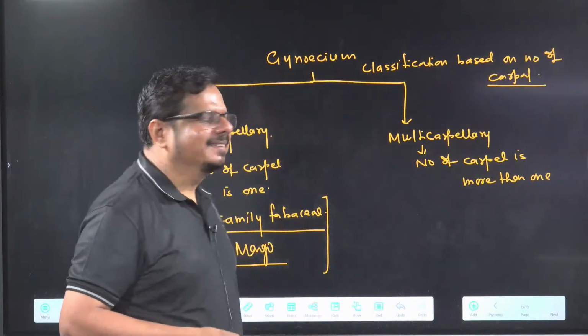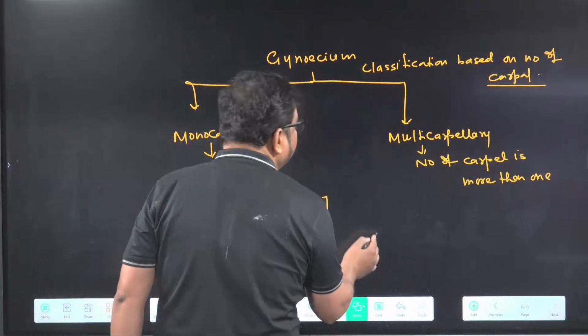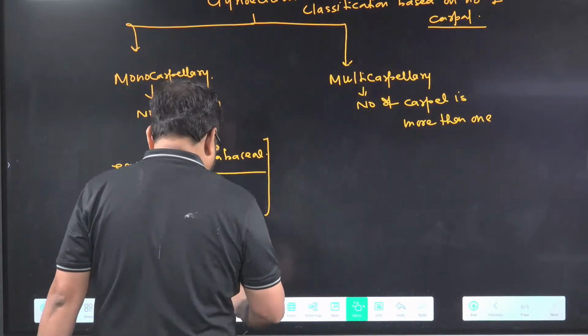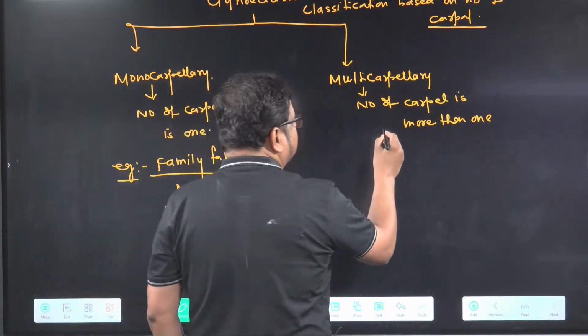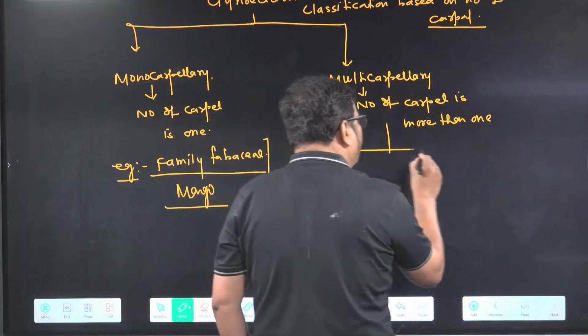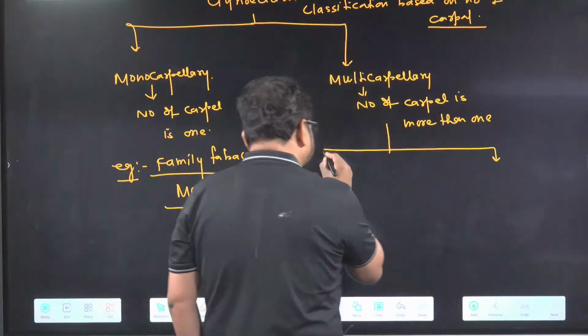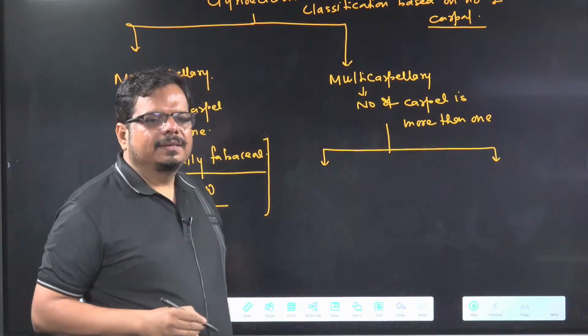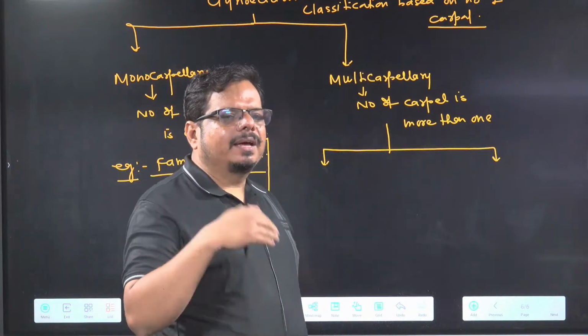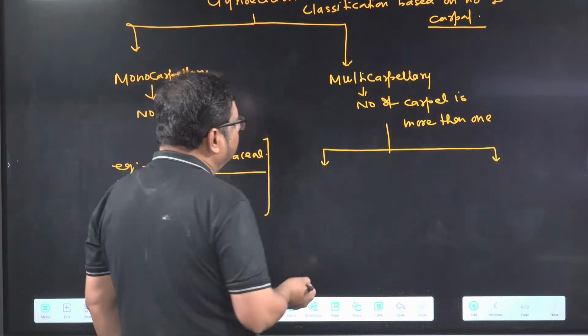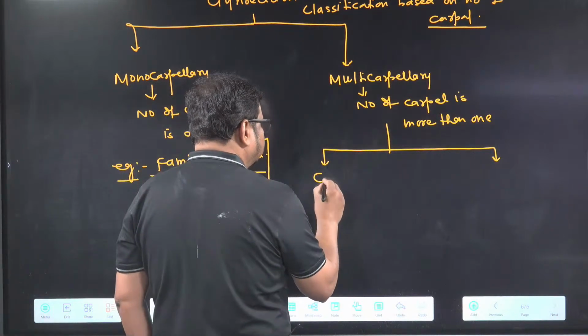Okay, right. Now have a look. Multicarpellary we are going to talk about. See, in multicarpellary there are two options. One option is that carpels are free and another option is that carpels are fused.